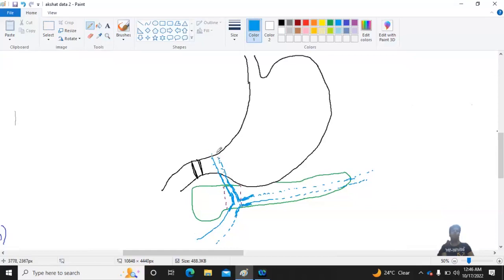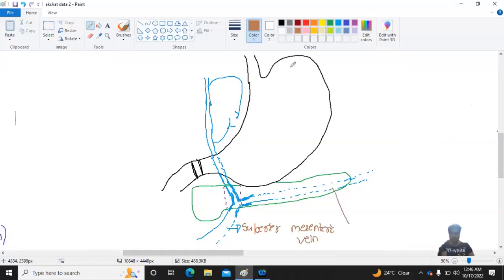From behind, like this, they give branches similar to the arteries, the left gastric vein and the right gastric vein. But the important point is that both drain into the portal vein. This is the superior mesenteric vein.